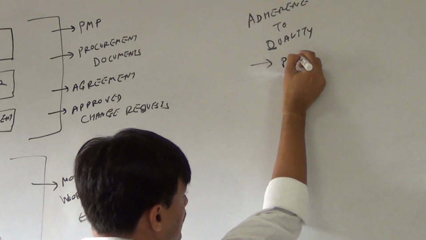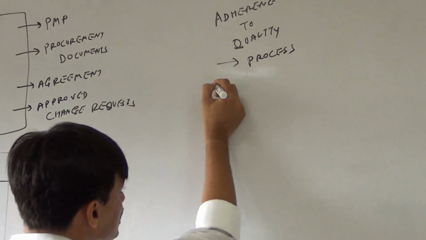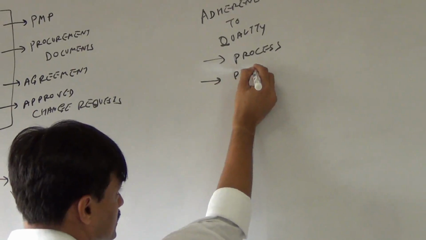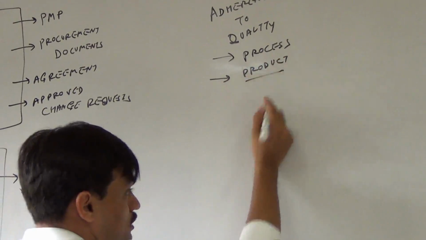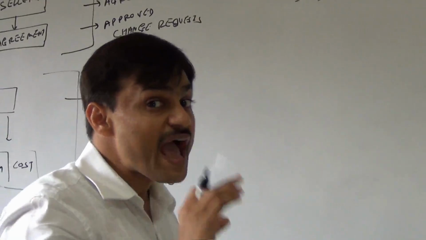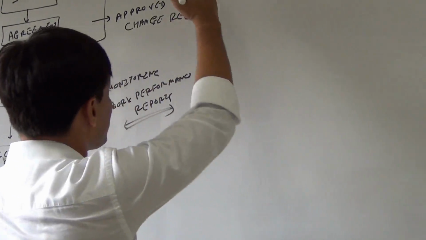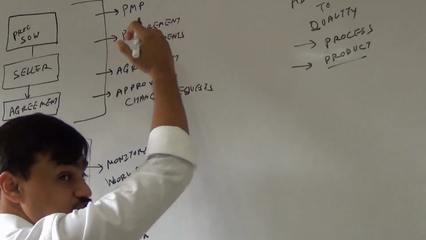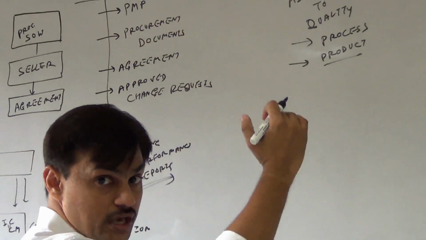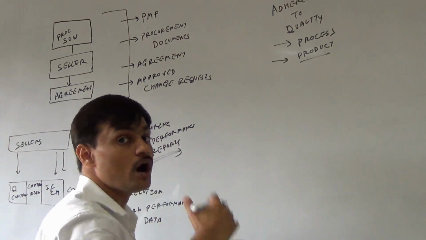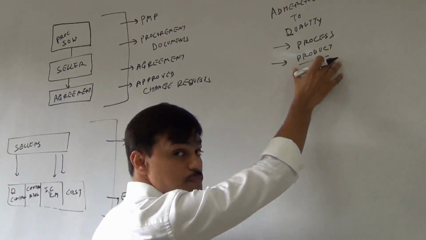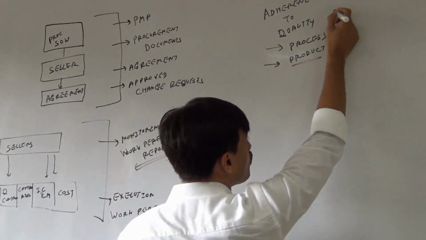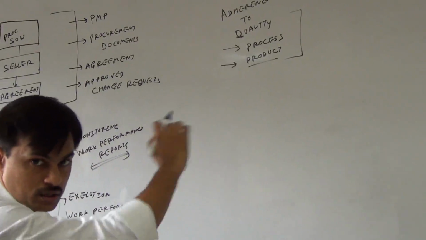So you need to check the process adherence. You also need to check product adherence. The specification which you have agreed in your agreement and the procurement statement of work initially: is the vendor giving you the outputs as per those specifications? So you need to ensure this.